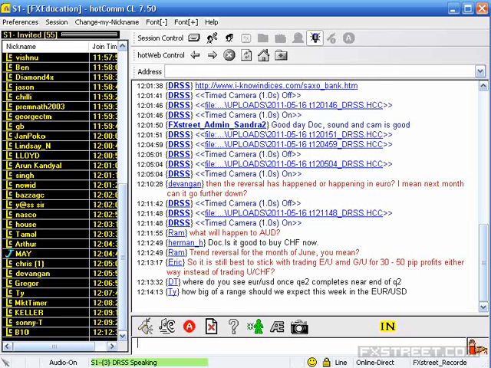Then Eric. So it is still best to stick with trading euro and GBP for 30 pips profit either way? Yeah, that will be safer. Trading in euro and GBP is relatively very safe, and there are many traders who trade without a stop and things like that. For them, if they wait for about 1 or 2 days, they will be able to see profit because of the volatility.